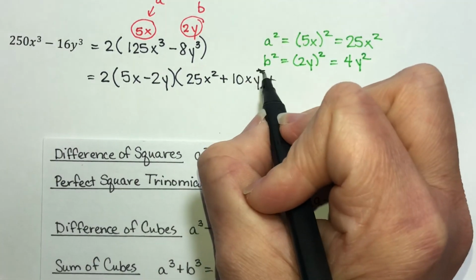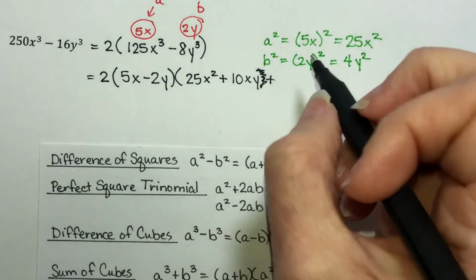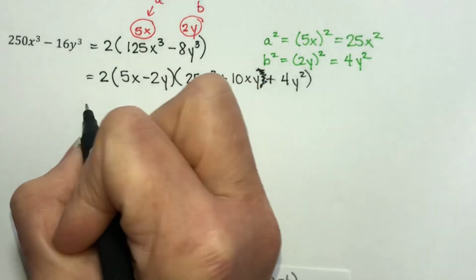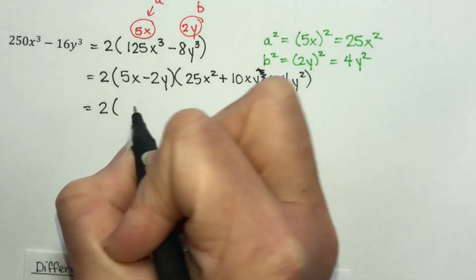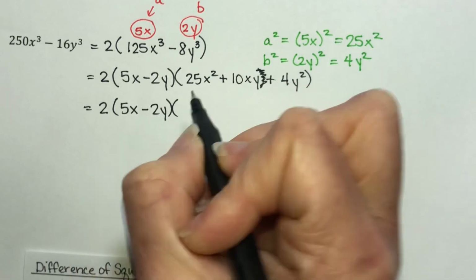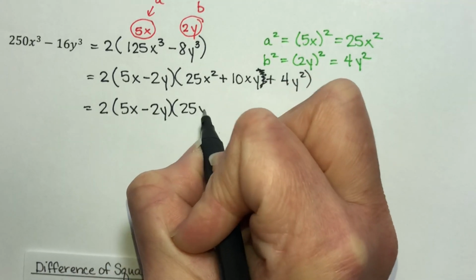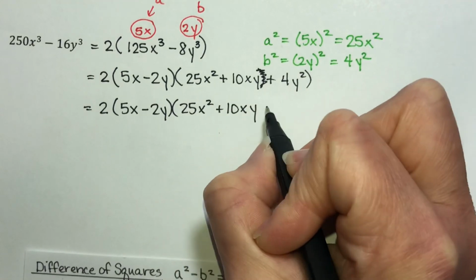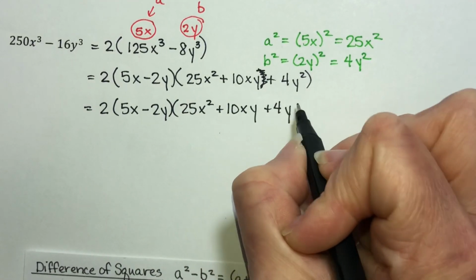So, all right, I should not have parentheses right there. I'm going to rewrite this to get 4y squared. And I'm sorry I wrote it badly. Let's try it again. 2 times 5x minus 2y times 25x squared plus 10xy plus 4y squared.